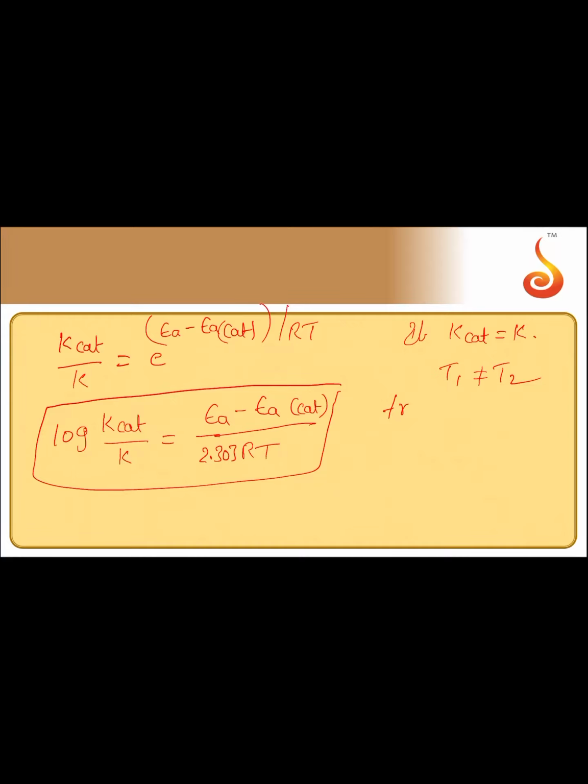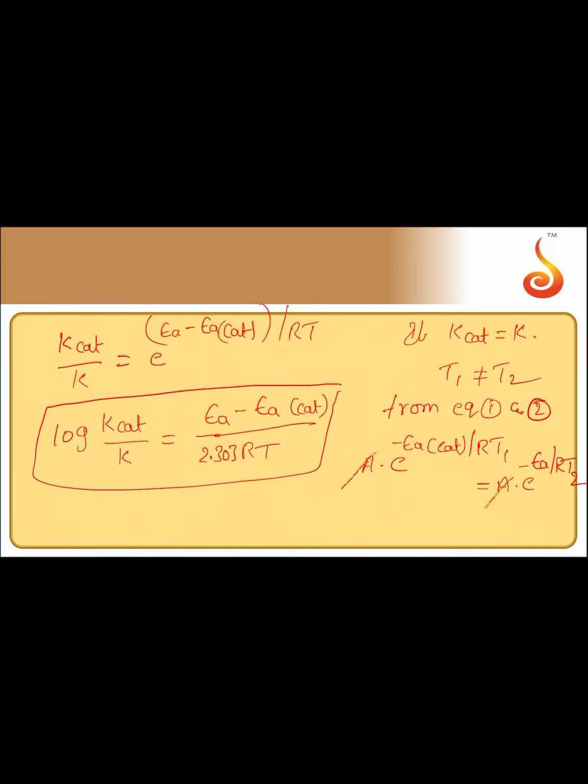From equations 1 and 2, k catalyst is k means A into e power minus Ea catalyst by RT1, T1 being the temperature in presence of the catalyst, and A into e power minus Ea by RT2. T2 is the temperature in the absence of the catalyst.